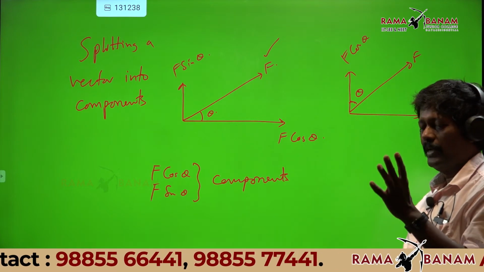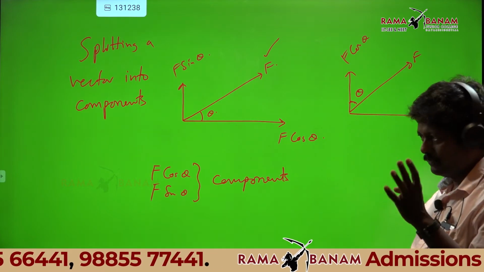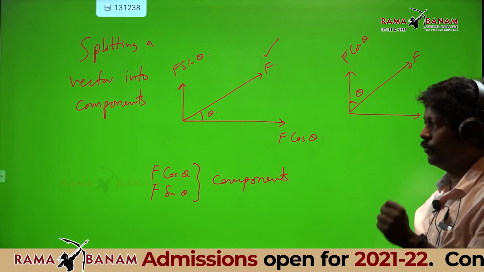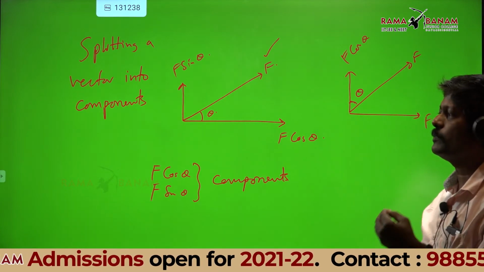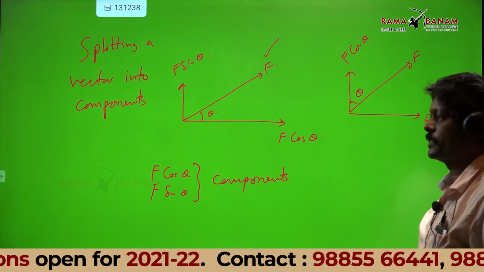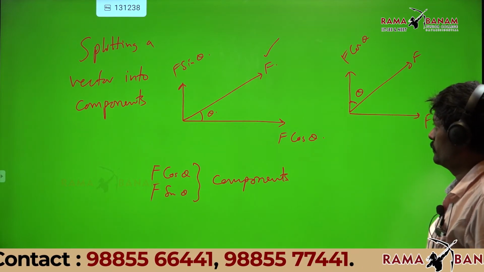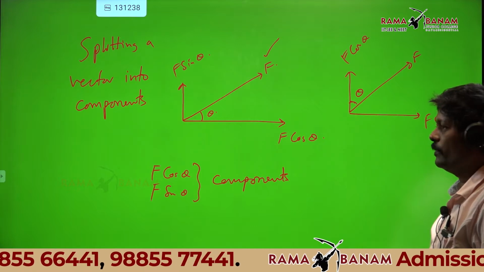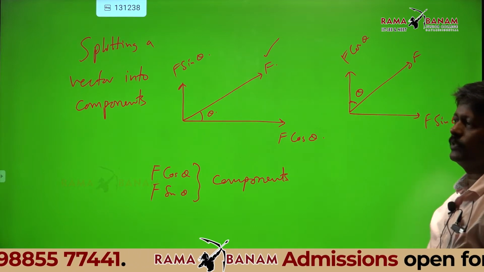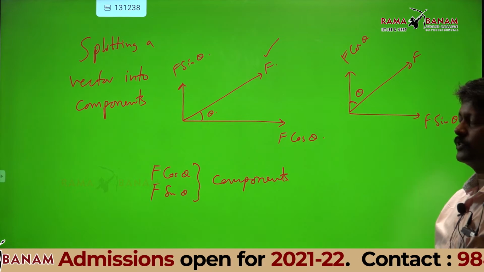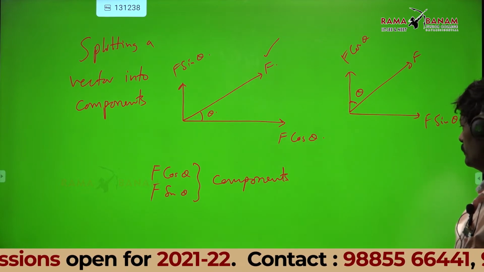Vector means acceleration, velocity, momentum, force, all these can be split into components. Now, when we do an example, then you will understand how important this splitting of a vector is.